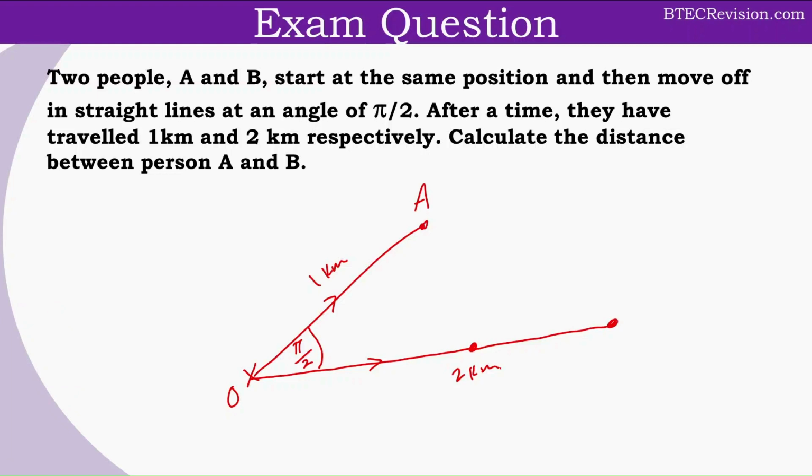Now we need to calculate the distance between person A and person B. So we will use this dashed line to represent the length that we need to calculate. So we can see which equation we will have to use.